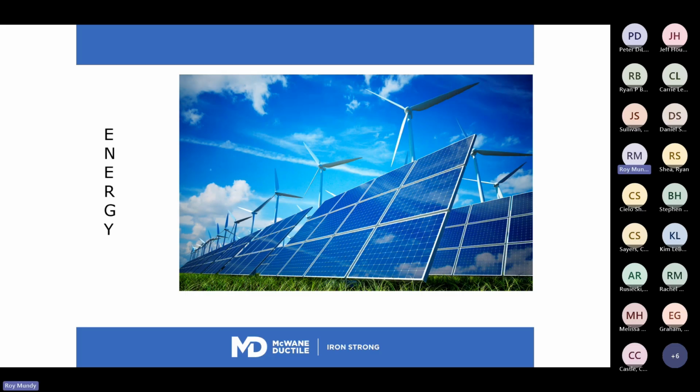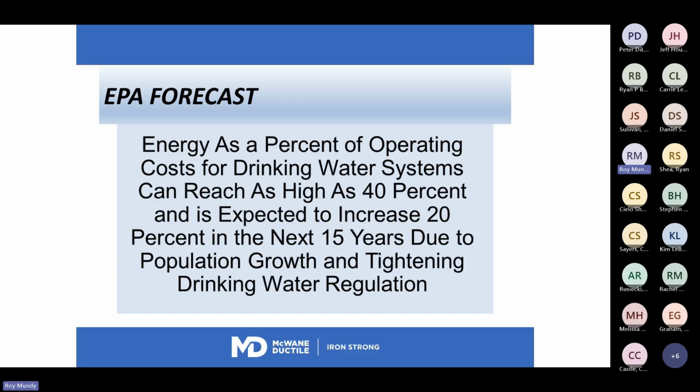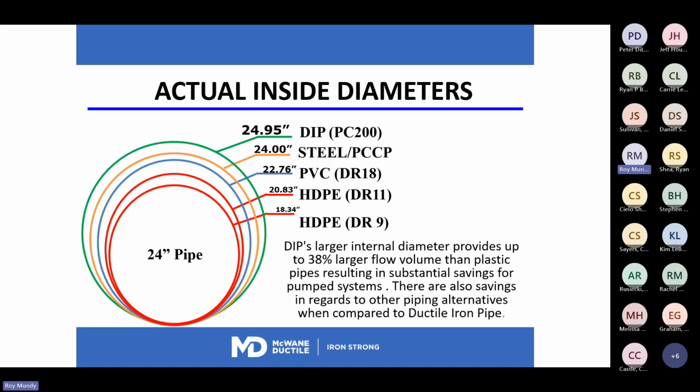I'm going to run through the energy component fairly quickly because we've already talked about that in our earlier presentation. Obviously, energy costs are huge line items for almost every water utility, and it's something that most water utilities are very concerned about.